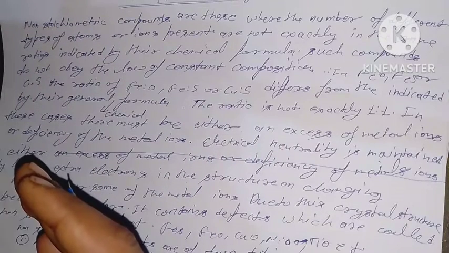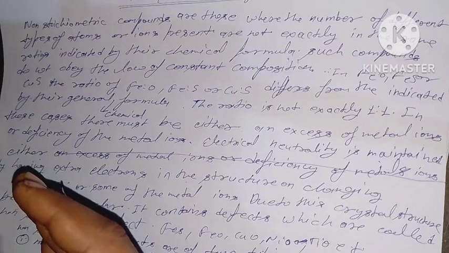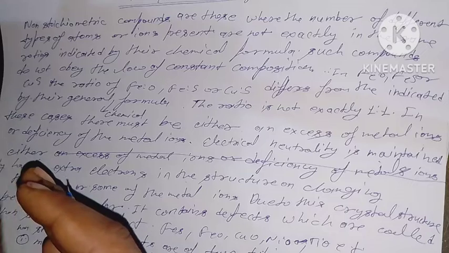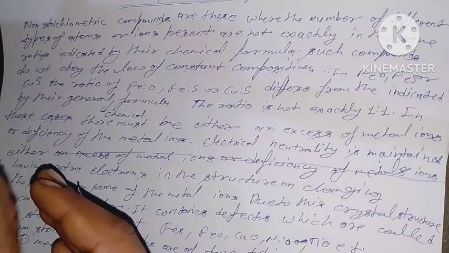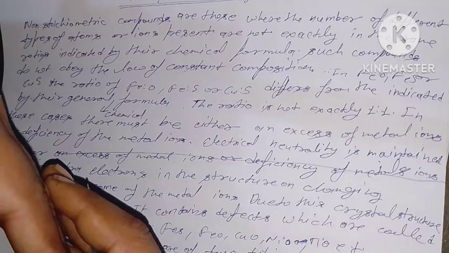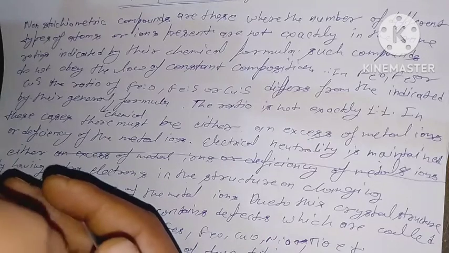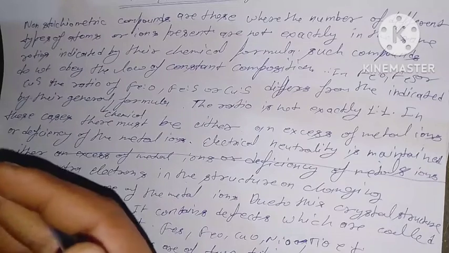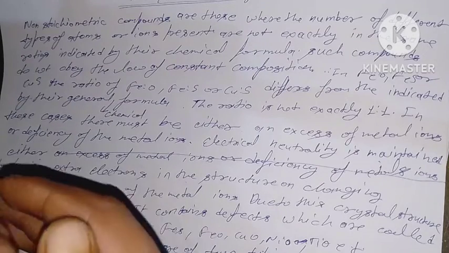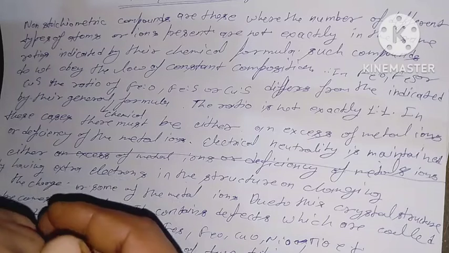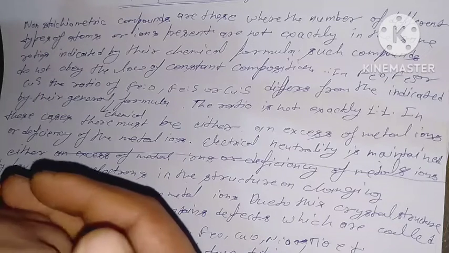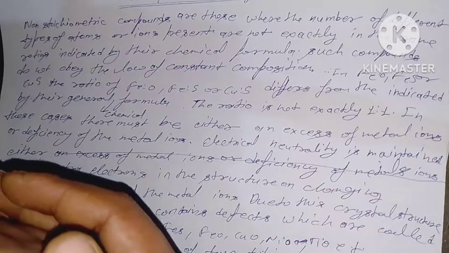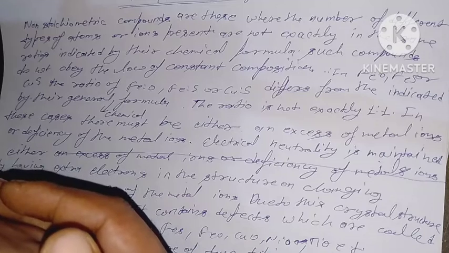In these cases, there must be either an excess of metal ions or a deficiency of metal ions. Electrical neutrality is maintained either by having extra electrons in the structure and changing the charge on some of the metal ions. Due to this, the crystal structure becomes irregular, and it contains defects which are called non-stoichiometric defects. For example, ferrous sulfide, ferrous oxide, copper oxide, nickel oxide and titanium oxide, etc.